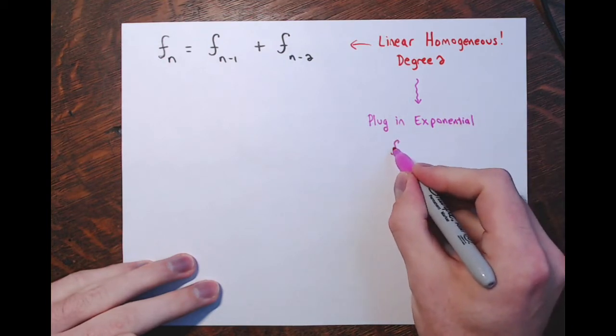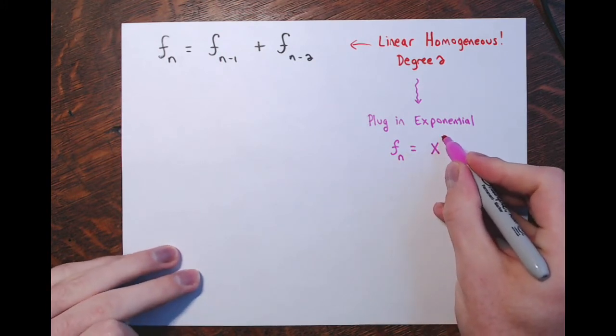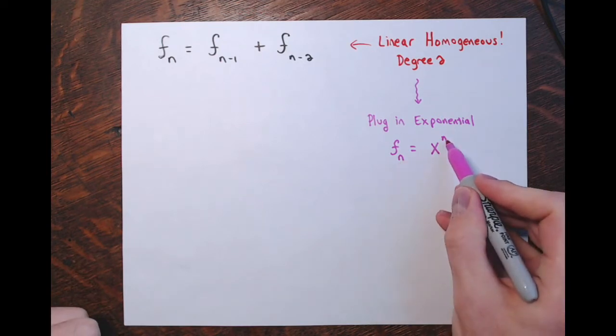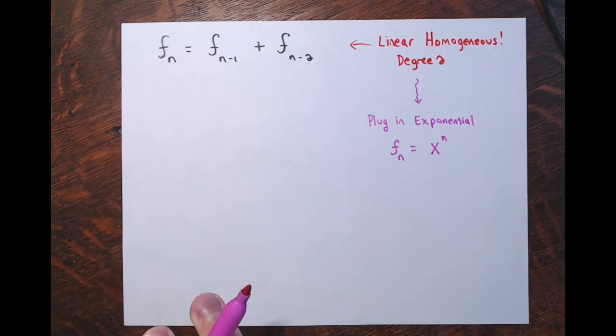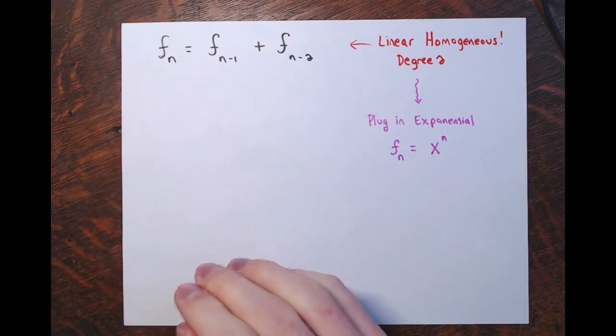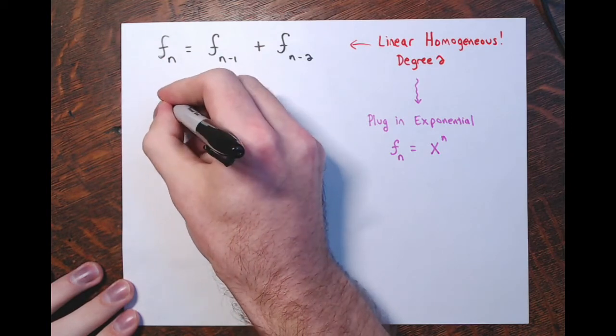Say f_n equals x to the n. Again, the variable here is n. That's why it's exponential. So I'm going to do that. So f_n, we said, is x to the nth.